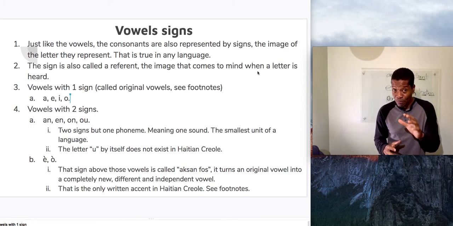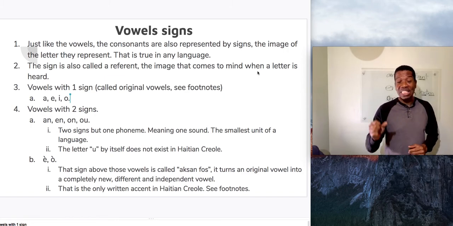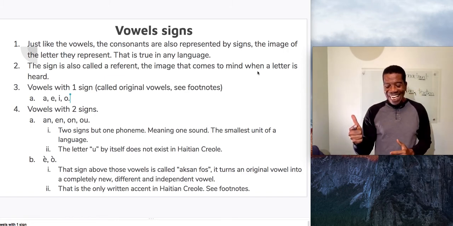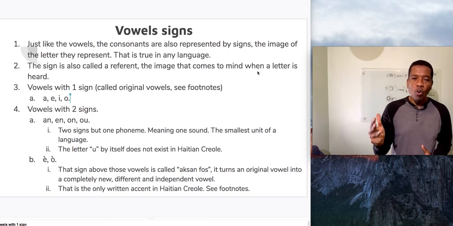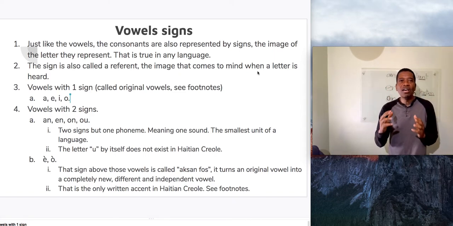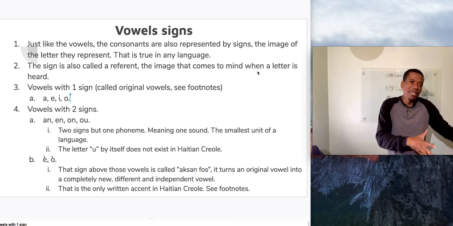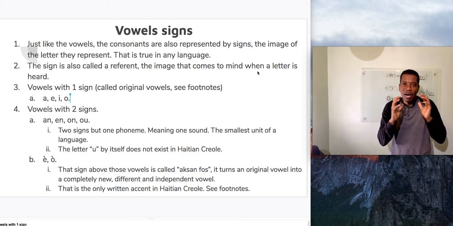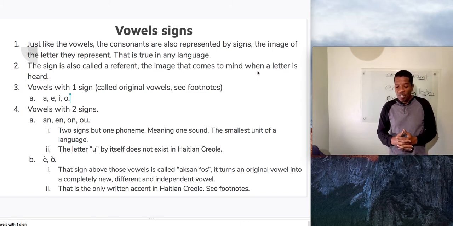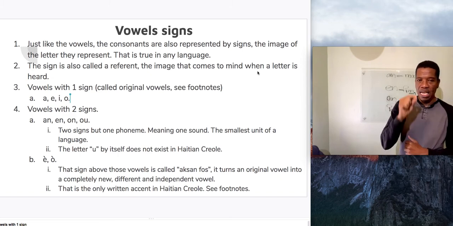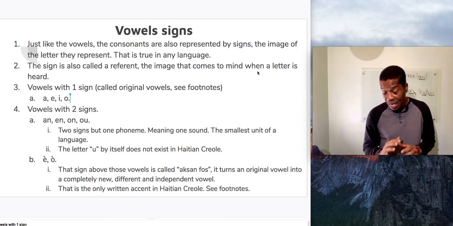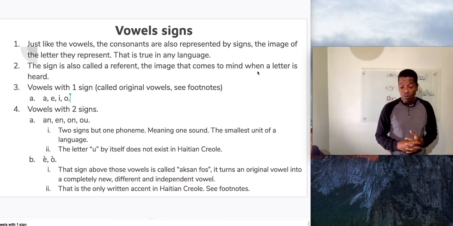The pronunciation is key. A, E, O. Keep pronouncing it until it's registered to your mind the same way the English alphabet is registered to your mind. So we want to remember that. In Haitian Creole, this is A, E, O. Like I said, I call them original vowels.